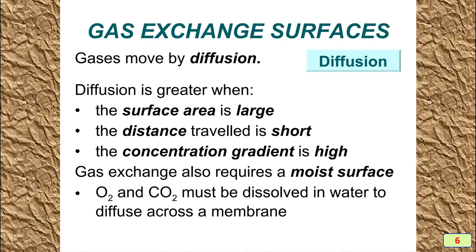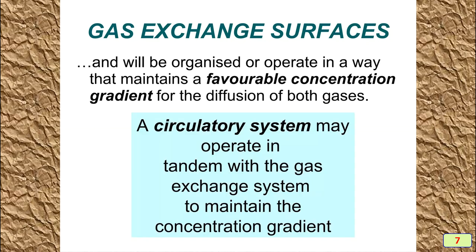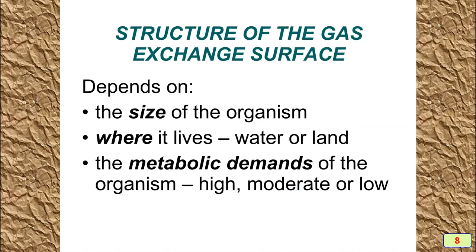Gas exchange also requires a moist surface, wherein the oxygen and carbon dioxide must be dissolved in water to diffuse across the membrane in the aquatic animal. It is organized and operates in a way that maintains a favorable concentration gradient for the diffusion of both gases. So a circulatory system always works together with the respiratory system.